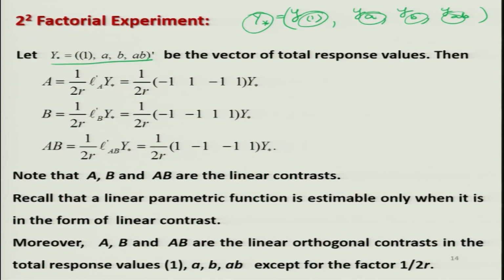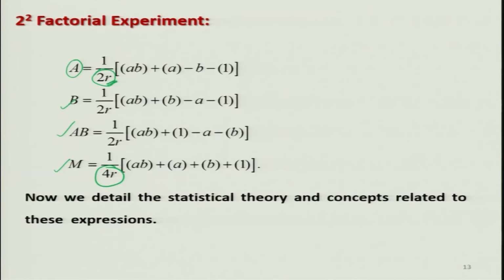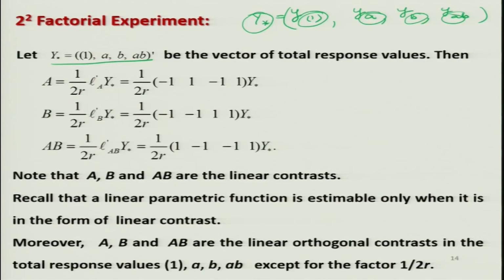But that is our understanding, that these are the y values corresponding to the treatment combinations 1, A, B and AB. Right. Now, if you try to look at this expression, what you have just written, this will become something like 1 over 2R times (yAB plus yA minus yB minus y1). Right. So, this I am trying to write down like this.